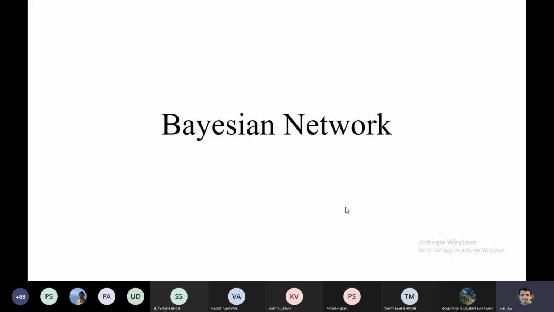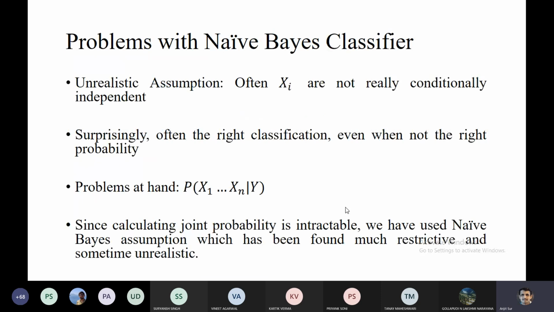So we have to think about some way that is in between, and thus we come to today's topic, called Bayesian network. The Bayesian network is a kind of approach.